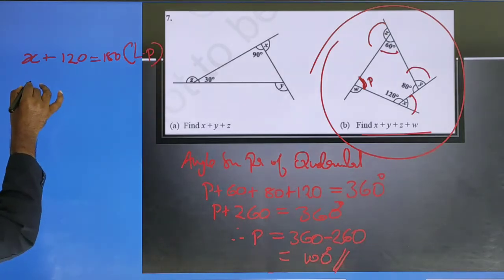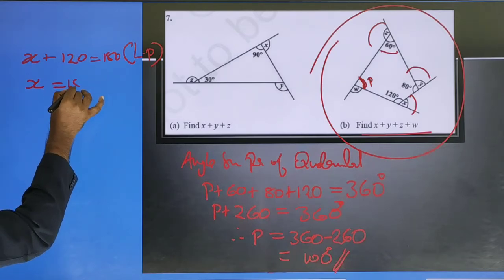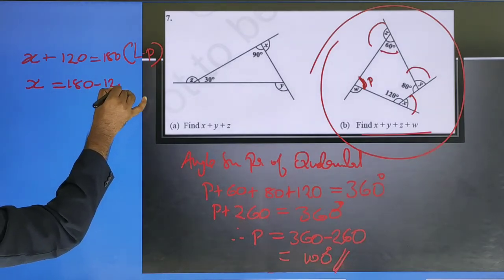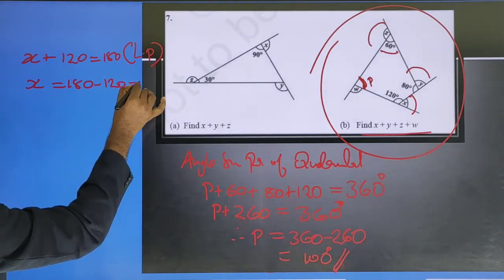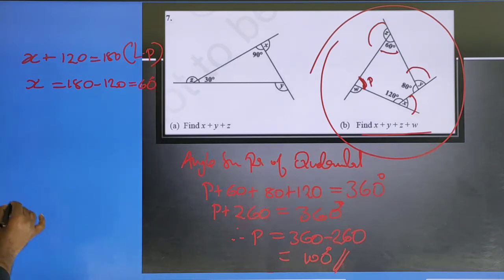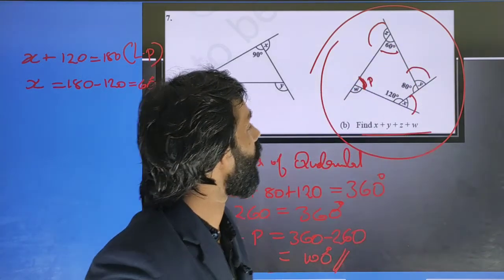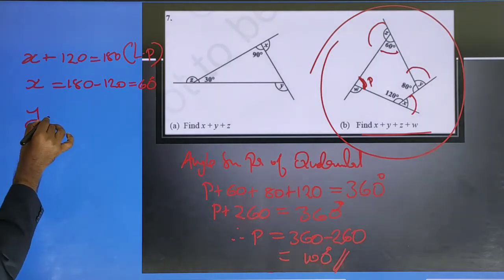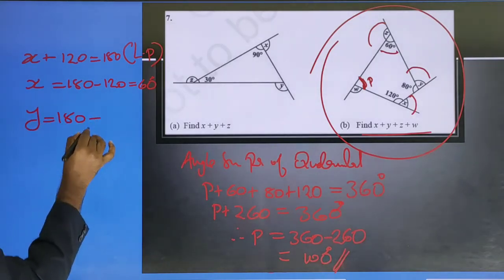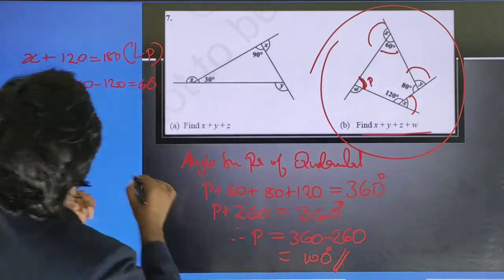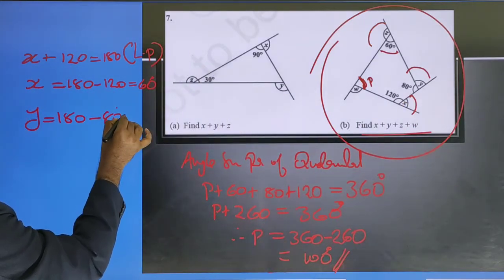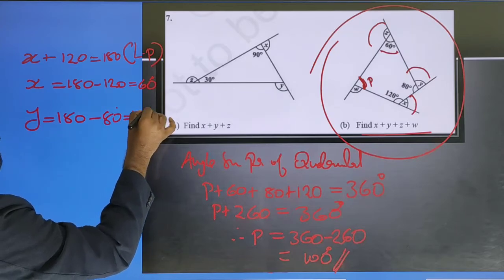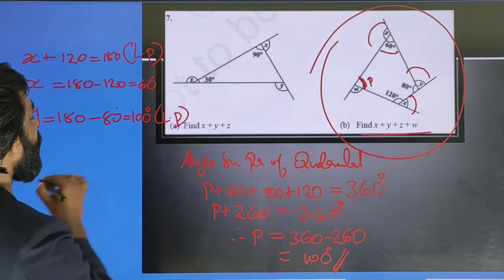From here we can find the value of x. x is 180 minus 120. What is that? It should be 60. We got x. Just like that, we need to find the y value. So we can write directly y equals 180 minus 80. We'll get 100. So the reason is a linear pair. Here also the reason is linear pair.